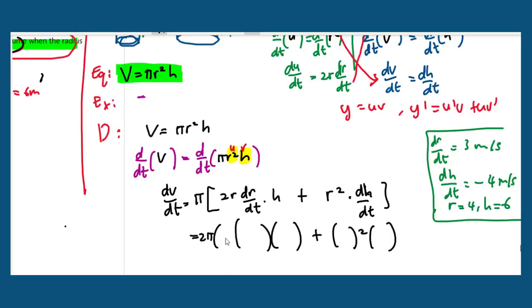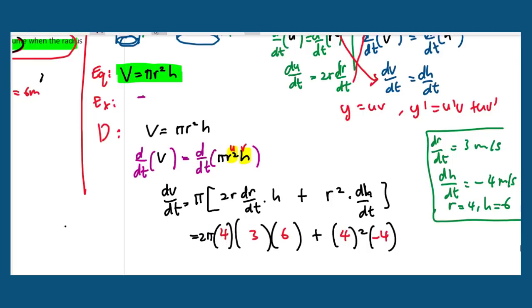2 pi r, with r equal to 4, dr/dt 3, h 6. So r squared is 4 squared, dh/dt negative 4.